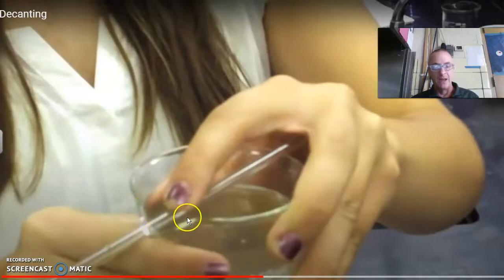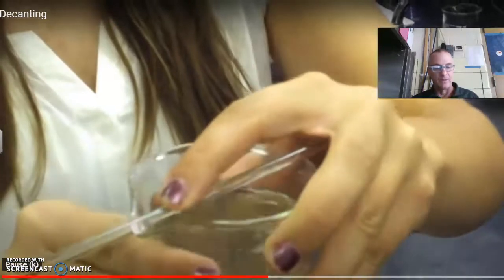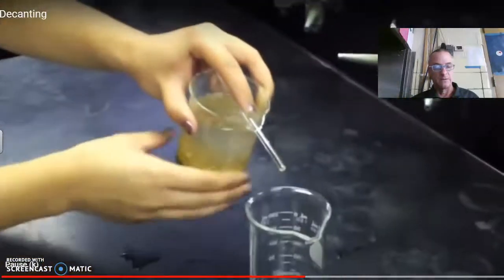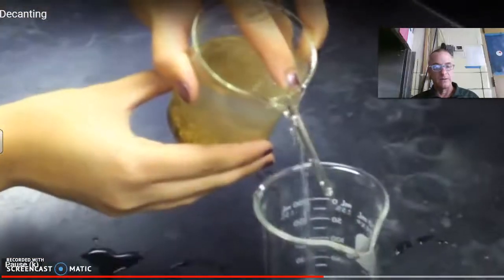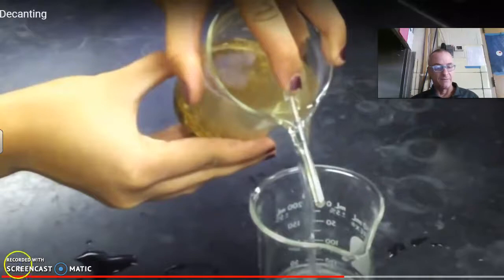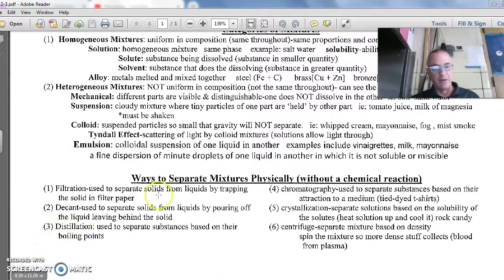Now, to decant something, she's putting a stirring rod over the top of the beaker, and that will allow the water that's being poured off to be directed. That's decanting.